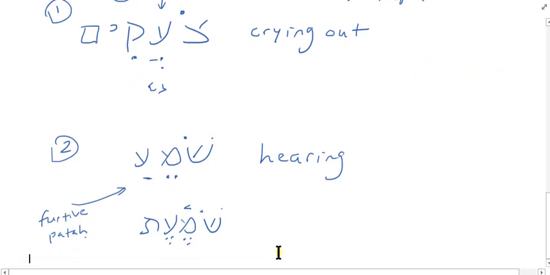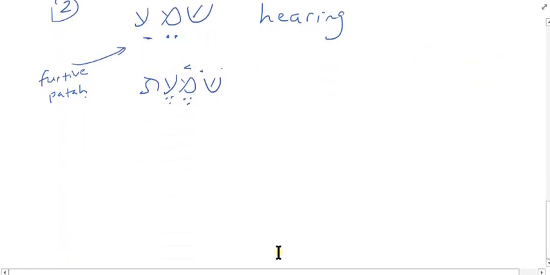But over here now, I've got a guttural, ayin, and it is in between these 2 segols, right? Segol before the ayin, segol after the ayin. Ayin says, "Give me an A," and we dutifully comply, and we give ayin an A, and in fact he gets 2 pathaks here, so it becomes shoma'at instead of shome'et.